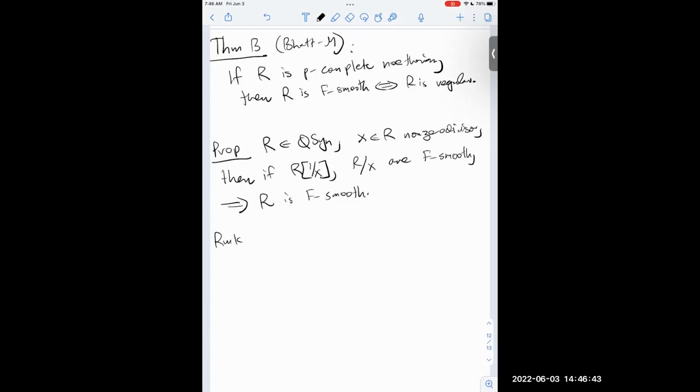So this is going to imply theorem B, and the reason is that to prove theorem B, well, first of all, you can reduce to the case where R is local because, as I mentioned, you can check it on localizations, and then you can choose an element that is part of a system of parameters. And by Noetherian induction, you can assume that either when you've inverted that element or when you've modded out by that element, you have something F-smooth, and then that proves the theorem.